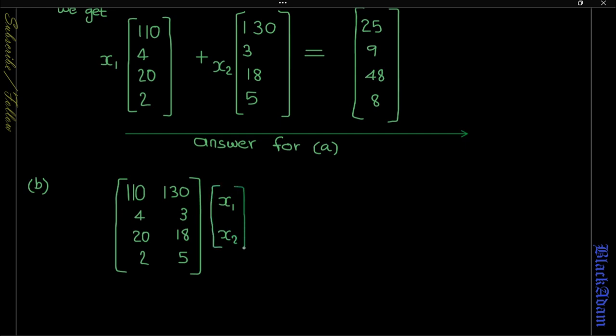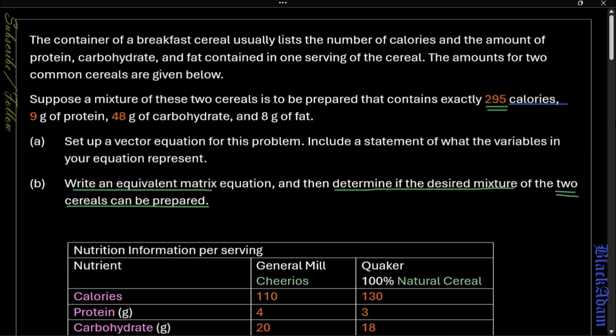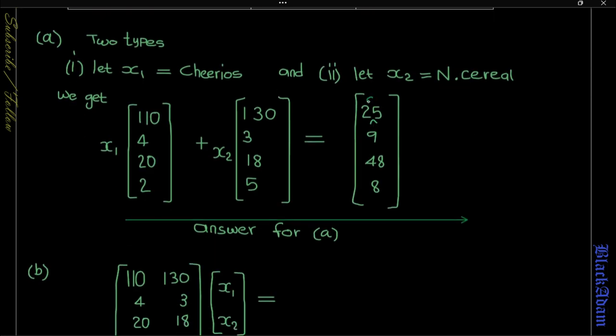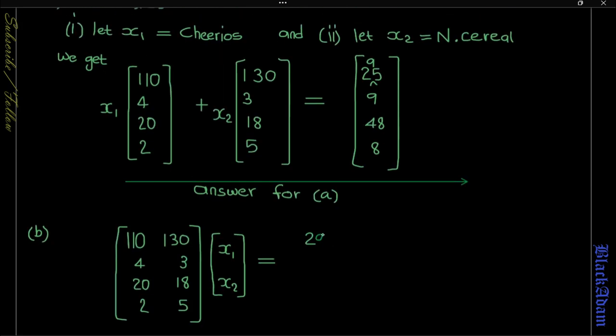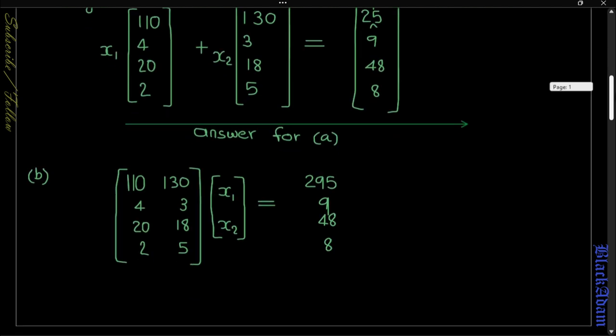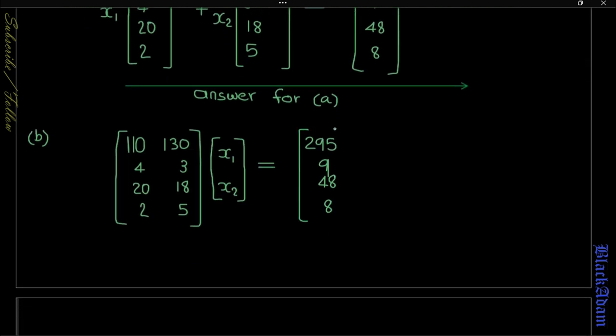So that gives us 295, 9, 48 and 8. Okay, so that's our matrix.